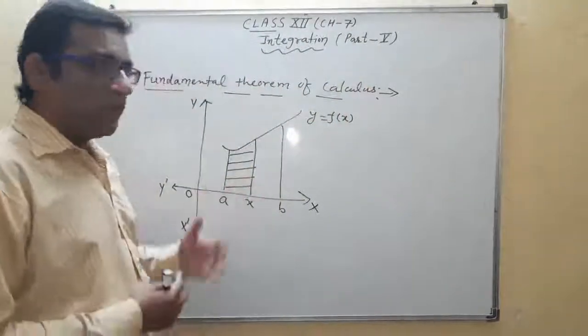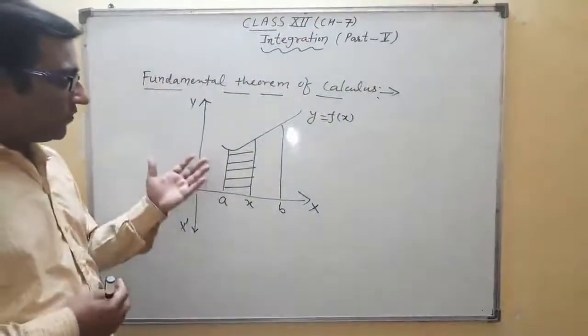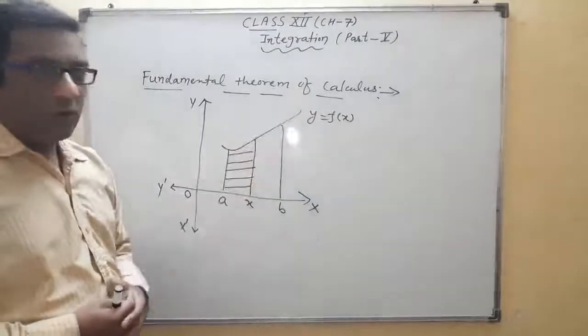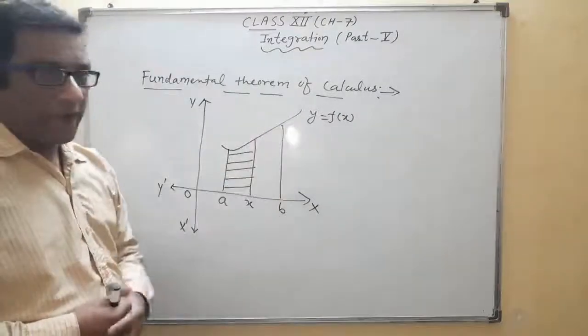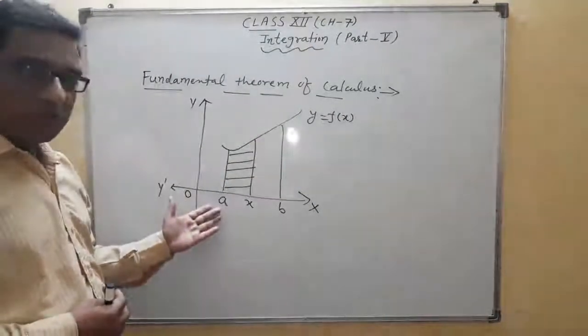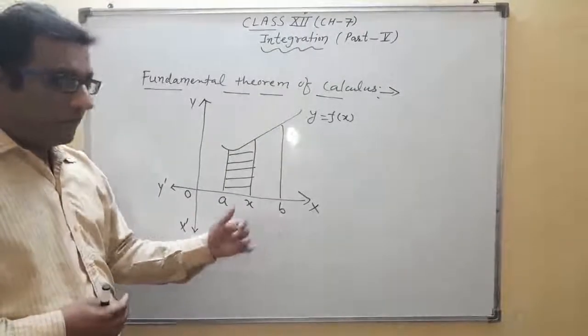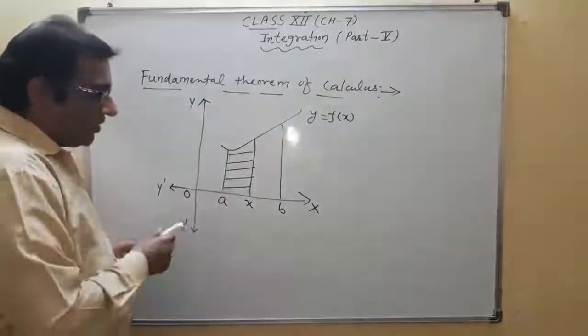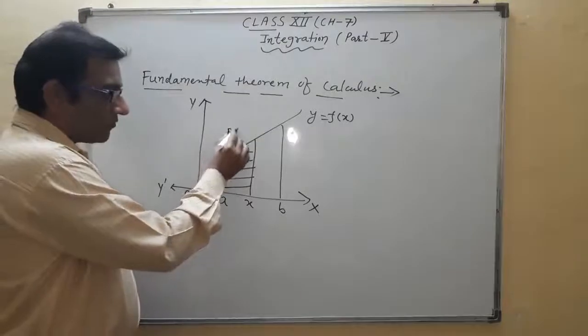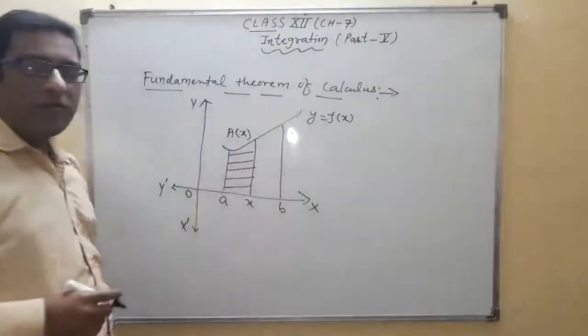As per this given diagram, this is a curve y equals f(x) with ordinates x equals a and x equals b. This shaded portion is related with a function of x.